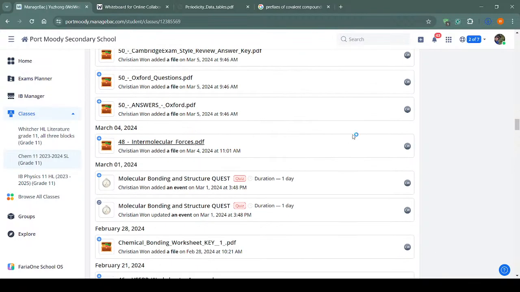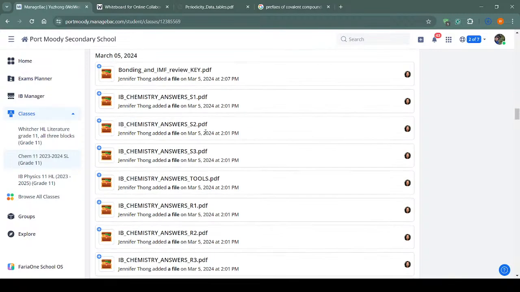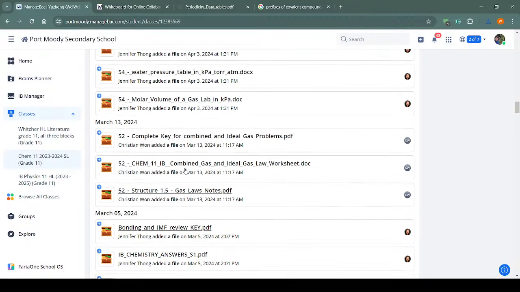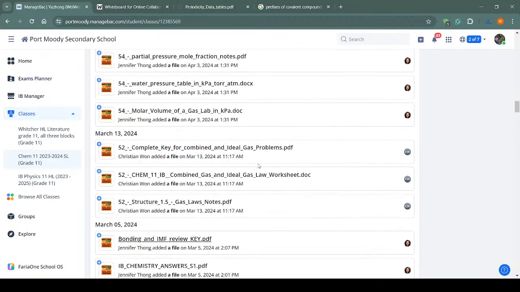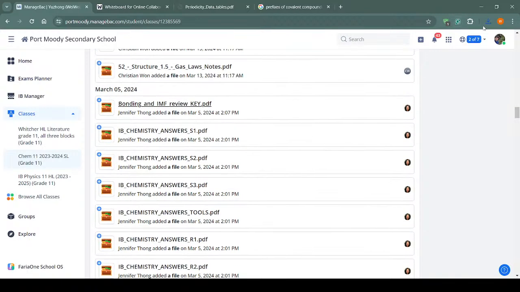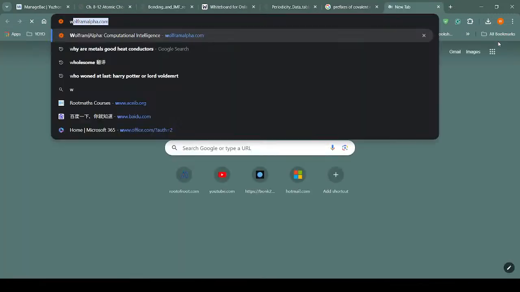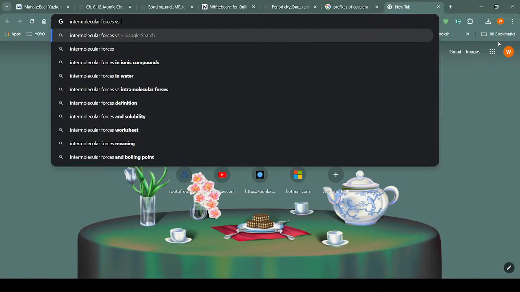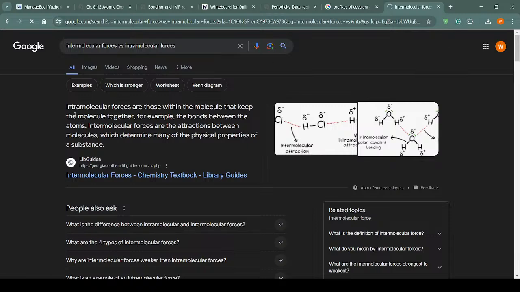Intermolecular forces. Bonding. Wait, where's the intramolecular? Wait, okay, hold on. Intermolecular forces. What? Intramolecular forces are those within the molecule that keep the bonds between the atoms.